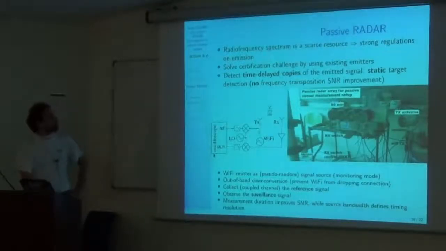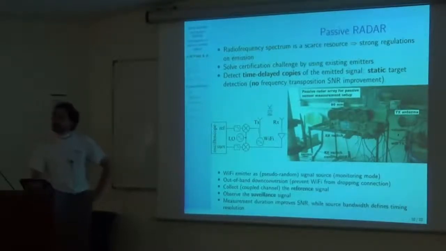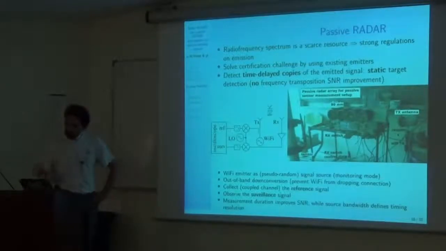Now, how does it look? How do I implement an actual passive radar measurement? Here's an example of a passive radar measurement setup that I did for my sensors. My sensors are working at 2.4 gigahertz, so I took a Wi-Fi emitter. My claim is that I can do this with any Wi-Fi emitter by using the electromagnetic smog that we have around us. But here, for the completeness and reproducibility of the experiment, I used a dedicated Wi-Fi emitter.